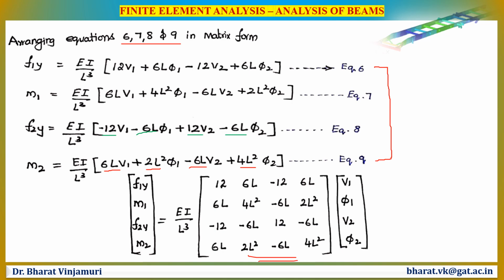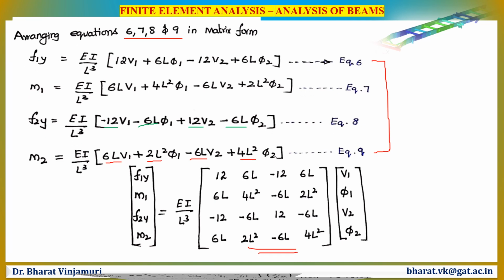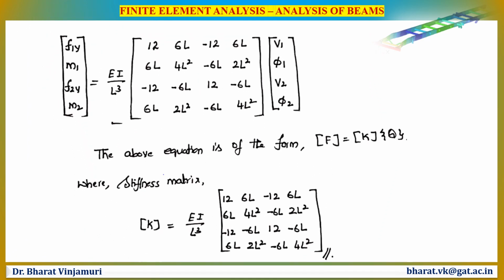Now, this is how we convert these equations into matrix form. If you clearly observe, the matrix so obtained is of the form KQ is equal to F, our governing differential equation in finite element analysis.